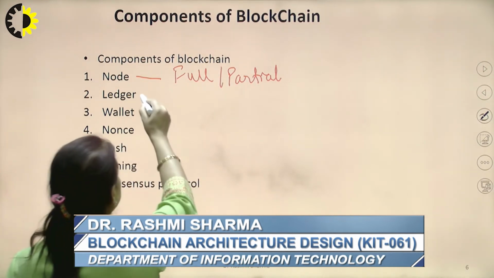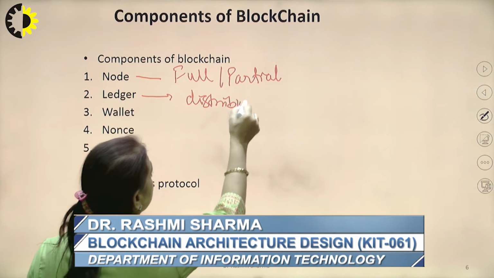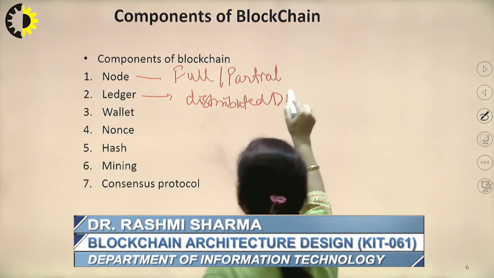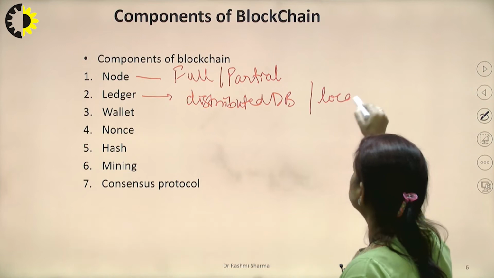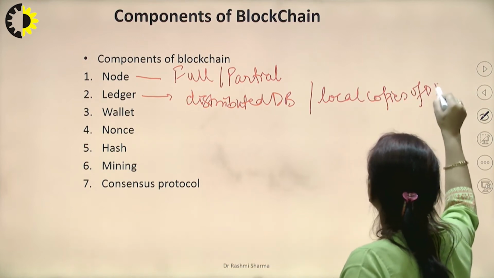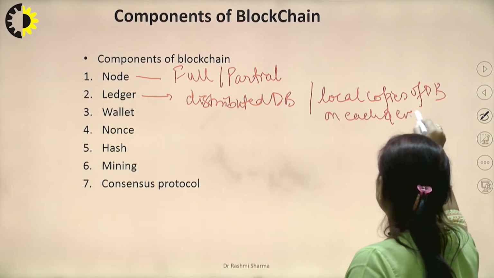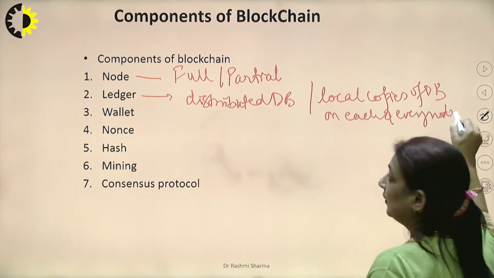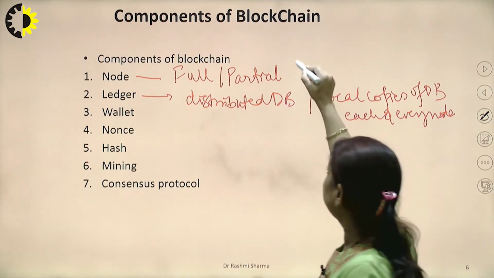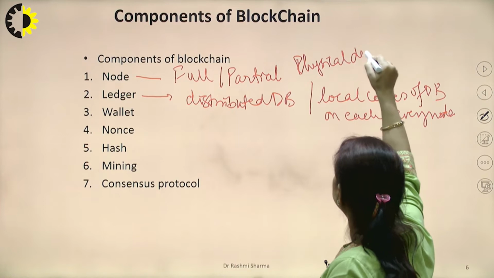Ledgers were basically the distributed databases, or the local copies of the database on each and every node. Nodes were physical devices which we can connect.